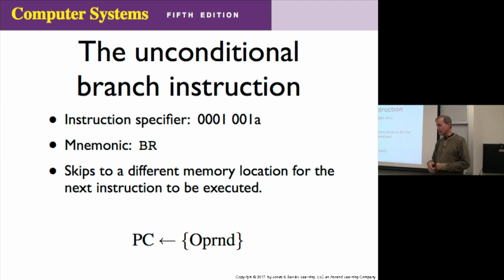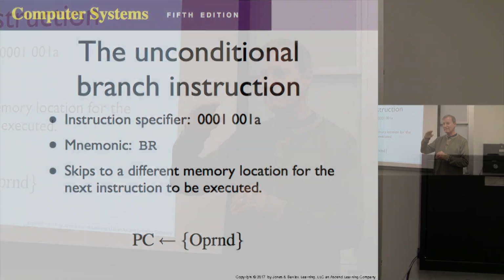And now here's another instruction that is a super important one. This is called the unconditional branch instruction. What we're going to do with this instruction is put all the globals at a fixed location in memory at the top.